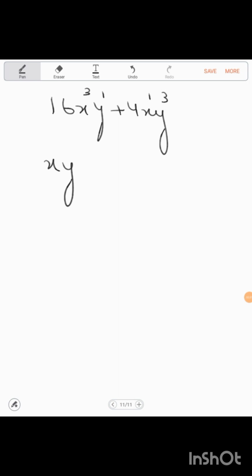Now you're going to see 4 and 16. Okay, now 4 and 16 together come in which table? If you take 2 as common, you have 8 and you have 2. Over here you had 16 and you had 4. If you have taken 2 as common, inside the brackets you will be left with 8 and 2.